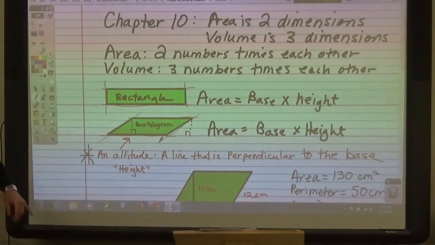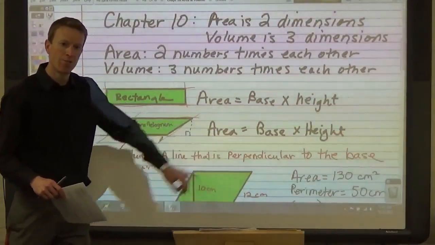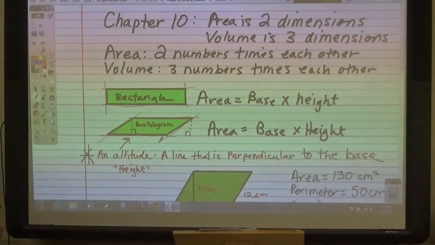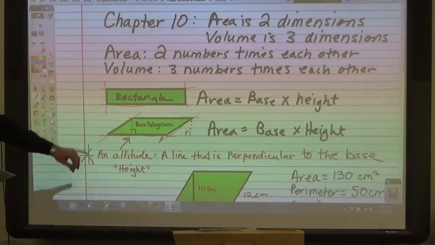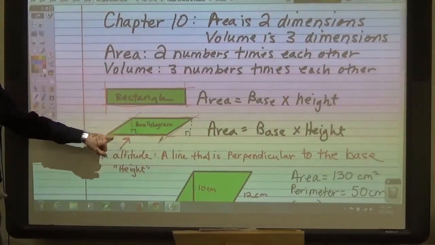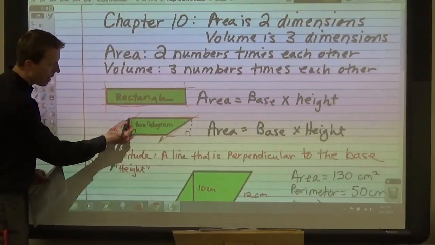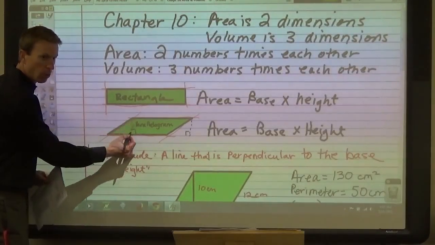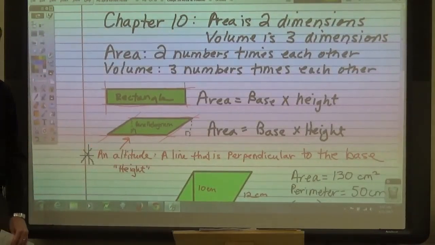However, we still use the same formula to find its area. We use the base by the height. However, the height cannot be the slanted side. The height has to be an imaginary line that is perpendicular to the base. Right?